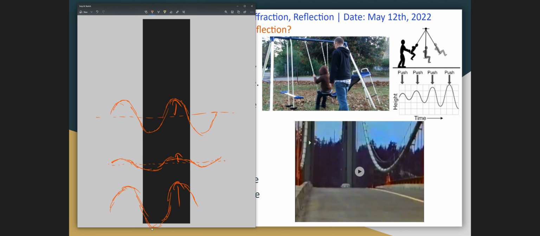And as you add more sound waves to the object, the object vibrates more and more and more. As you saw in the glass, it vibrates more and more as you increase the amount of sound waves that hit the object. Think of it like a swing. A kid is on a swing, going back and forth, back and forth. You can represent it as a wave.